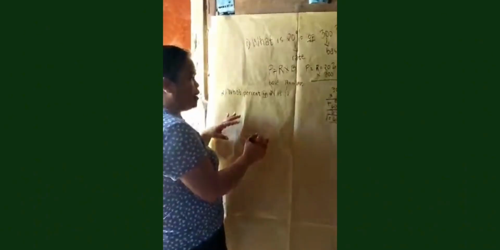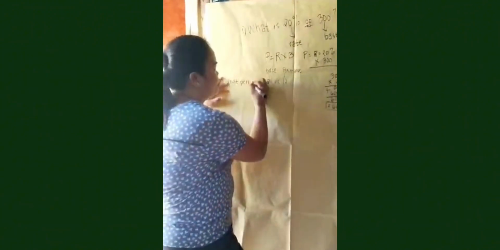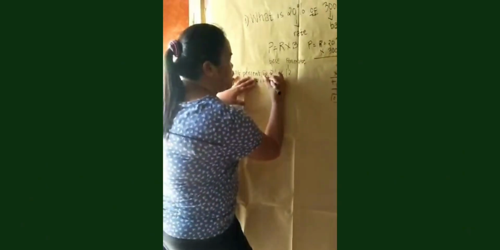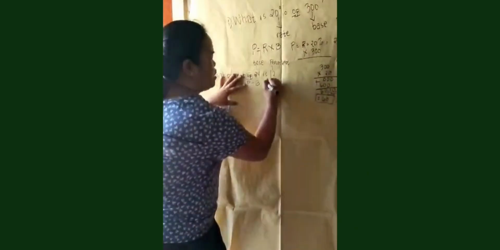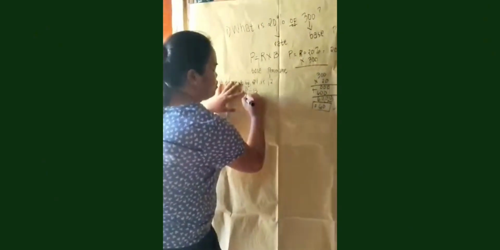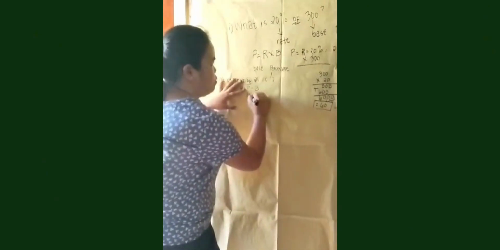So, ang formula, pag nawawala or gina-pangita kay rate is the rate equals to percentage divided by base. So, ang percentage kay 12, right? The percentage is 12 divided by the base 24.